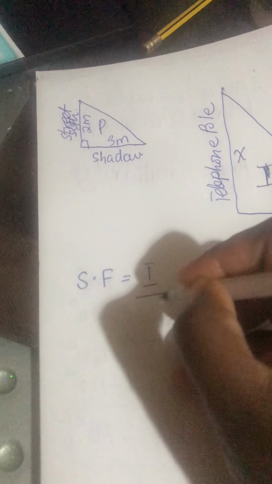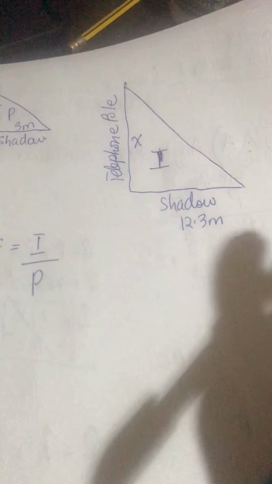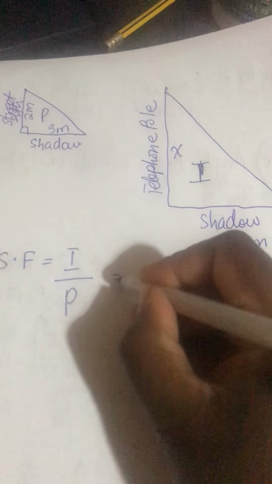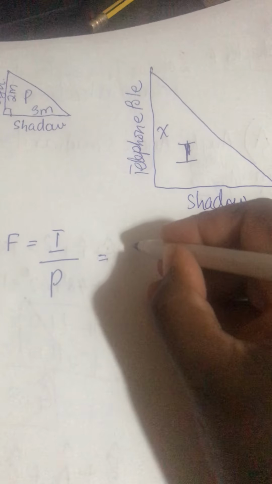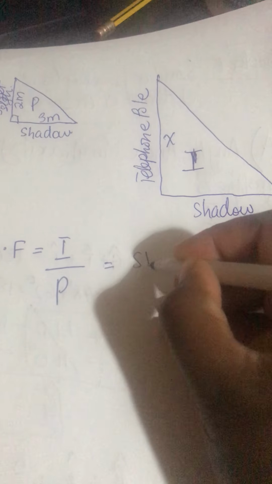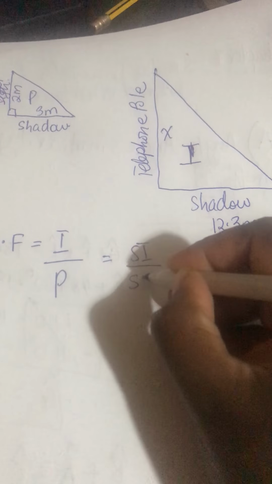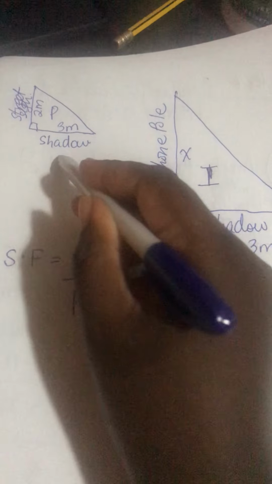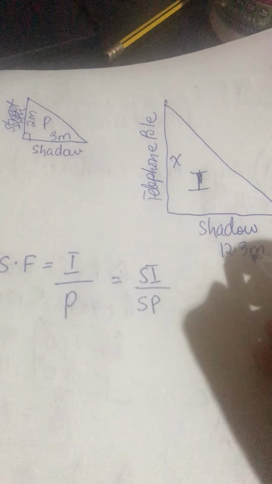I don't know. Step 1, pre-image, image. You have to label. Step 2, you write your proportion. Scale factor equals image over pre-image. That's step 1. Then shadow I over shadow P. These are corresponding sides. Okay?